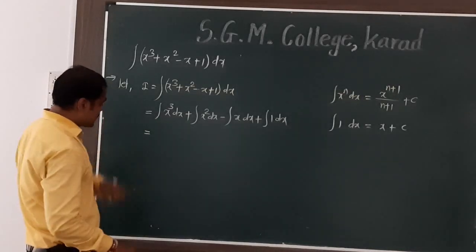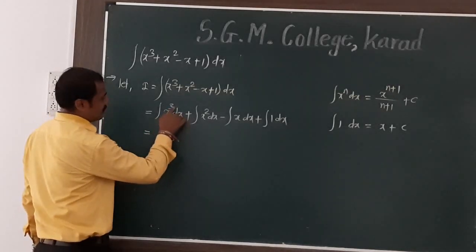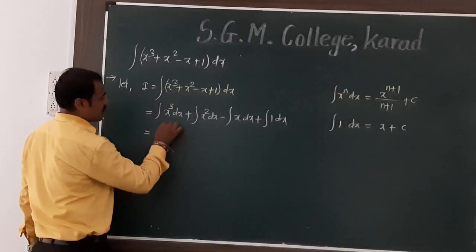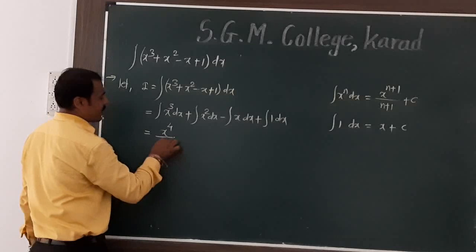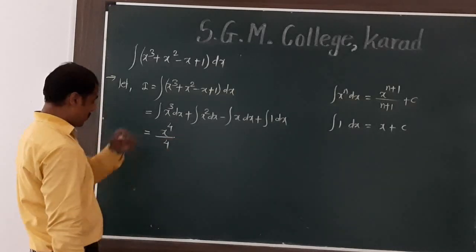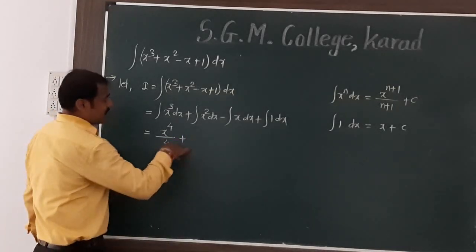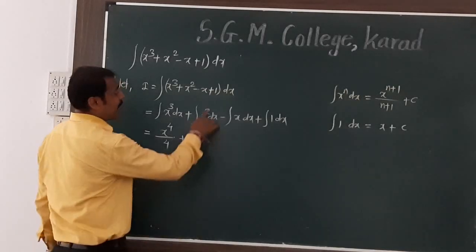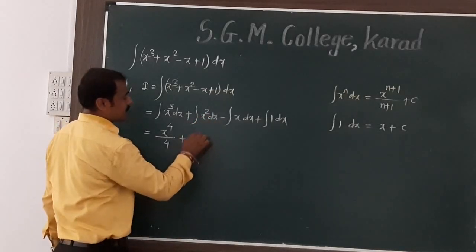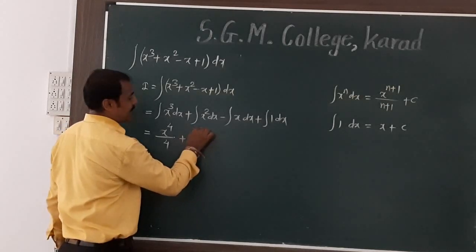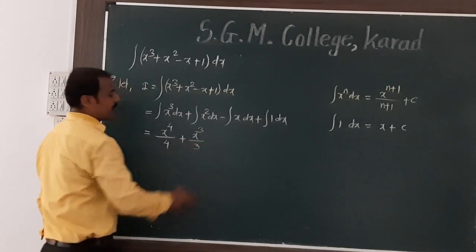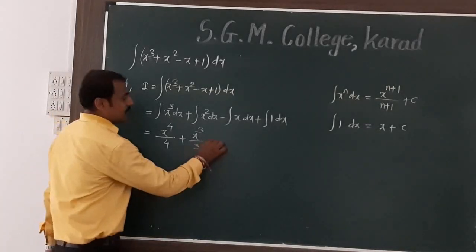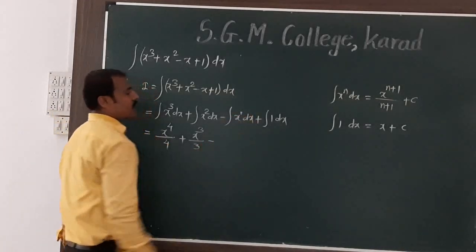Integration of x cube dx is, add power by 1, means x raised to 3 plus 1. X raised to 3 plus 1 is 4, and divide by the same power 4, plus here is again integration of x raised to 2, add power by 1, so x raised to 2 plus 1, that is 3, divide by the same power 3, minus, here power is not given, so what is the power?